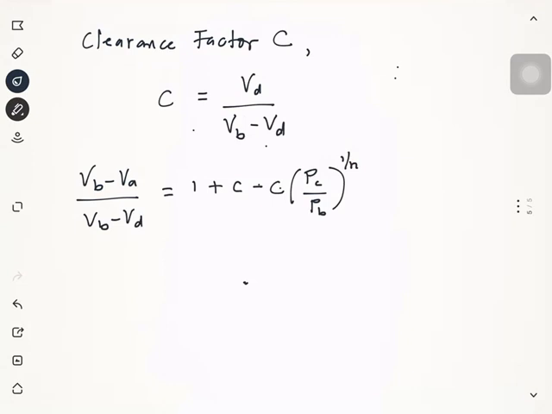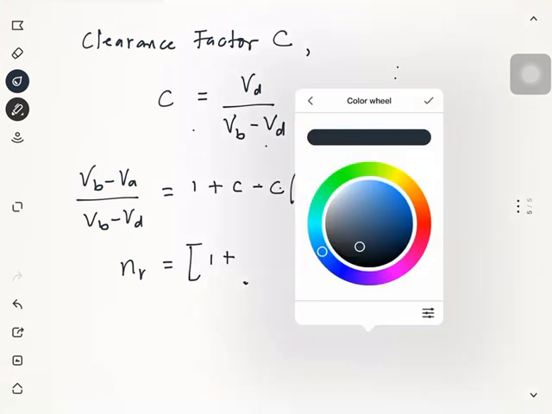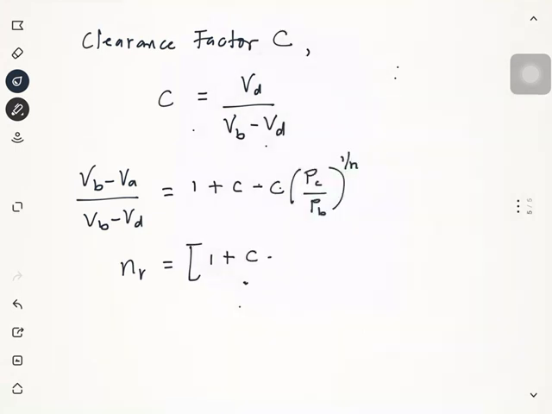So our volumetric efficiency becomes now 1 plus C minus C times PC over PB raised to the power of 1 over N, times V3 over VB.